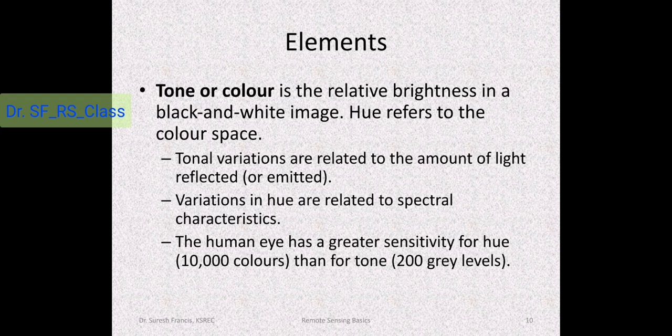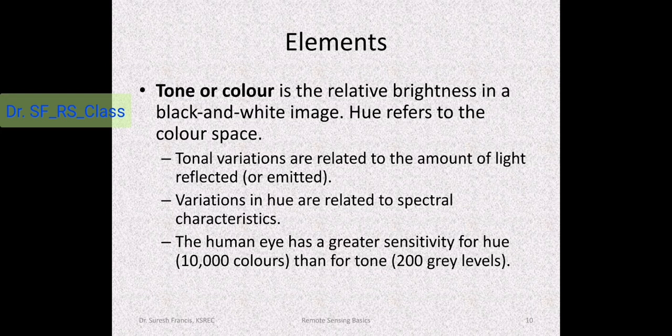And hue refers to the color space. In the case of colored images or multispectral images, hue refers to the variations of the objects, different types of colors and tones. Basically, this tonal variation happens based on the amount of energy that is reflected.